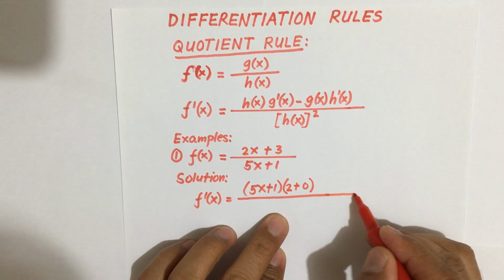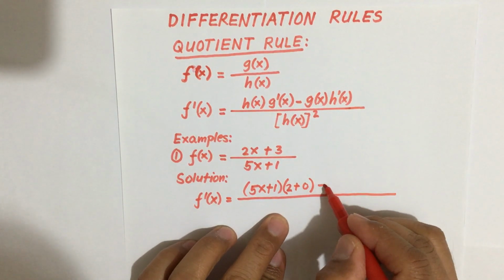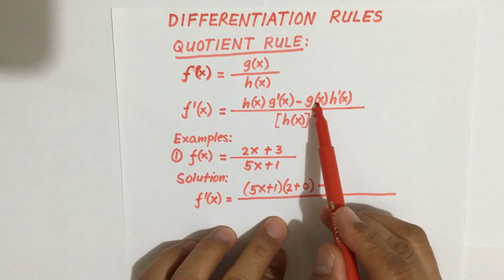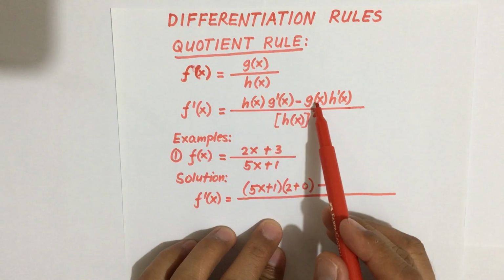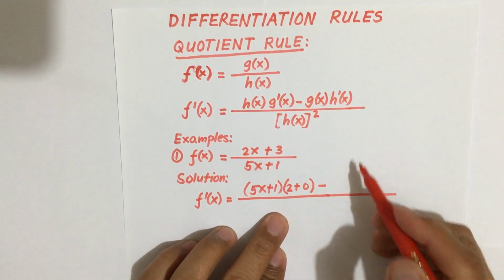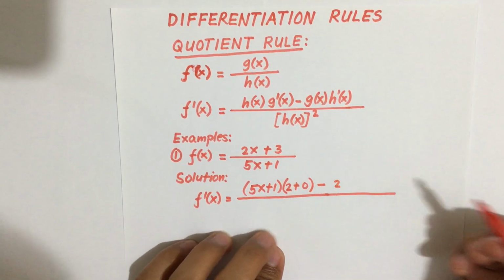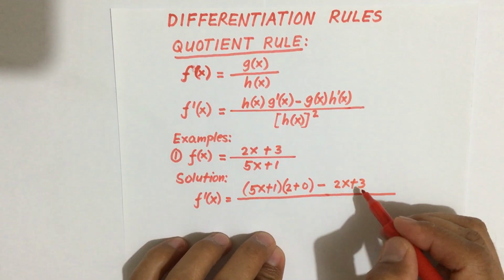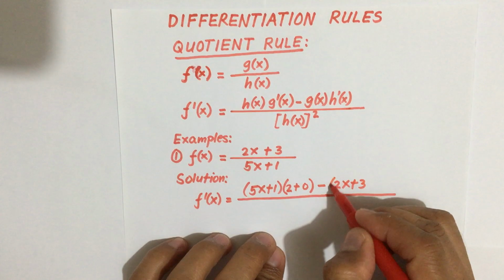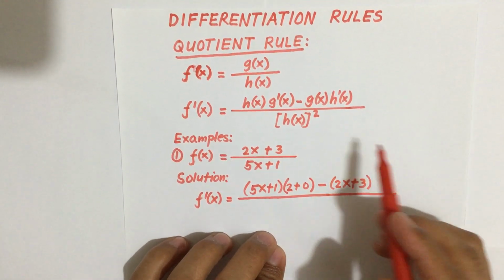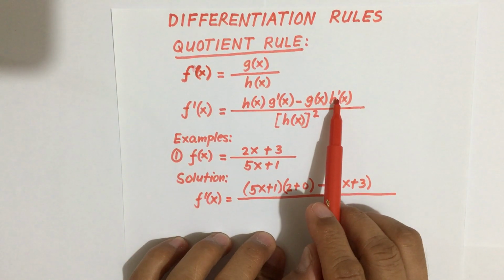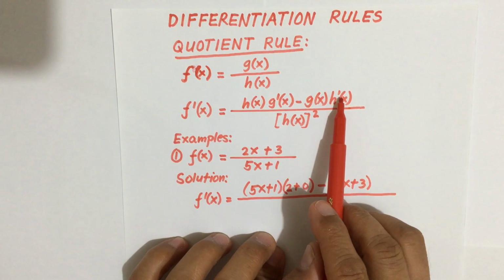Okay, then minus the numerator. So this is our numerator, you just copy the numerator, 2x plus 3. Then multiply this by h prime of x, the derivative of the denominator.